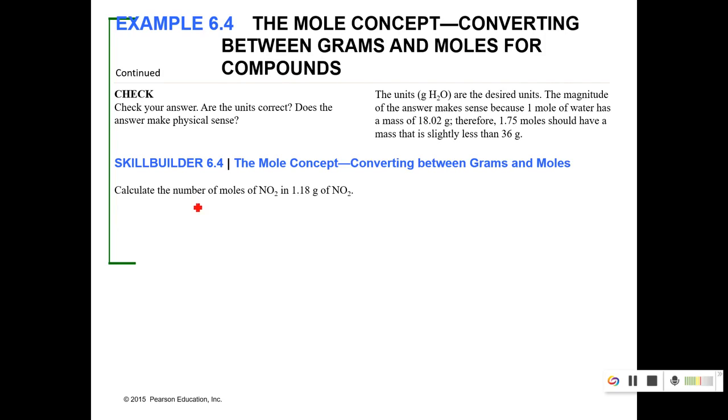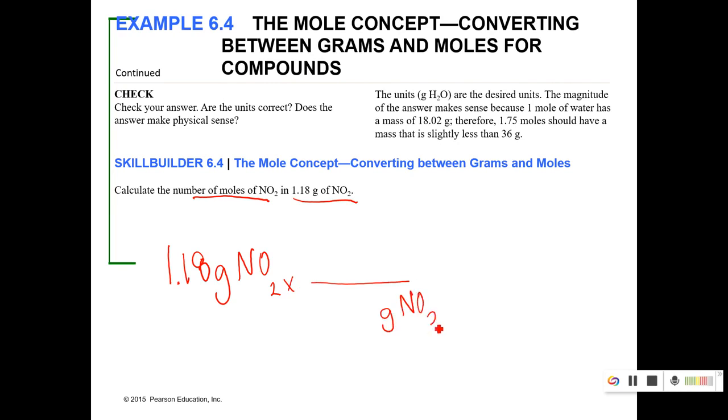So now we're going to find the moles. It wants the moles of NO2, which is nitrogen dioxide, from 1.18 grams of nitrogen dioxide. So grams of NO2 goes down here. 1 mole NO2 goes up here. This is how I generally fill this in because I don't generally know the mass right off the top of my head.